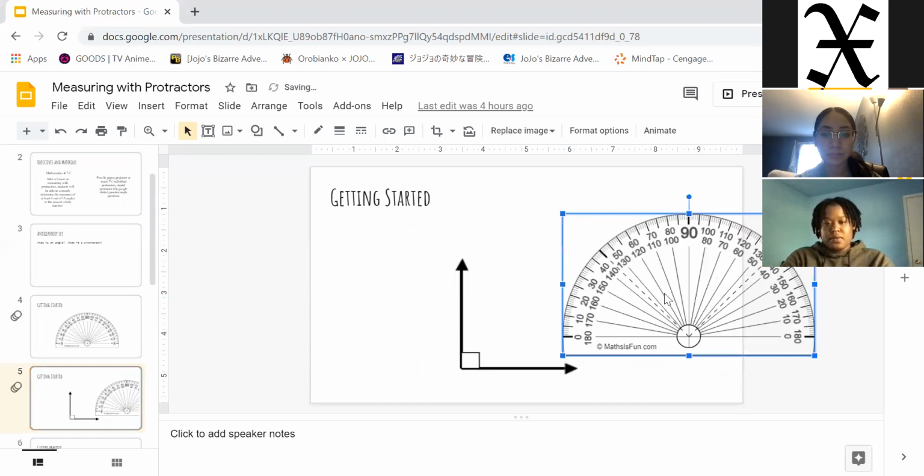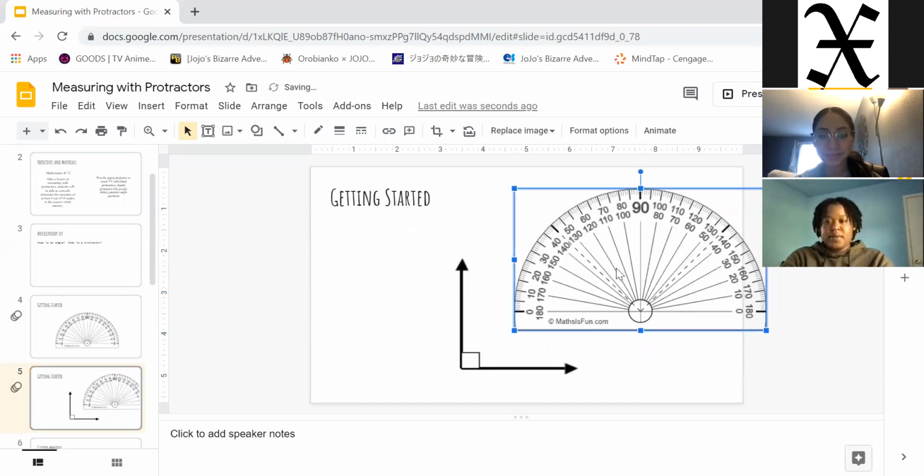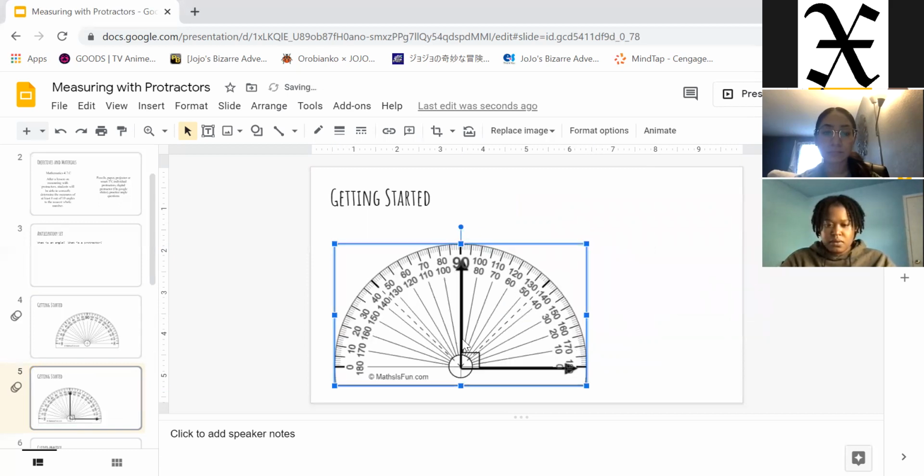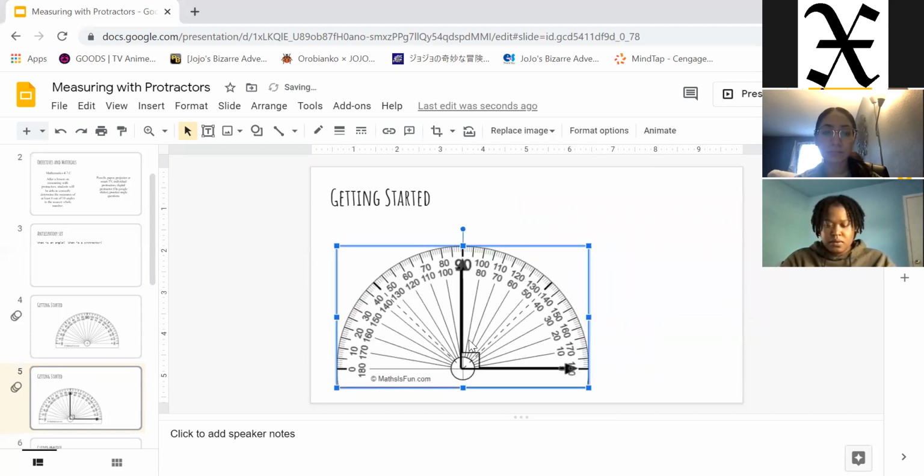All right, this one looks familiar. So when you're going to measure with a protractor, you want to look at this middle part right here, the vertex of it. You see it where these lines intersect in the very middle. So we're actually going to put that middle part where the lines intersect on this right angle, right about here.